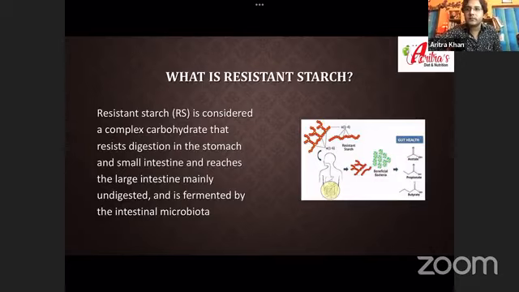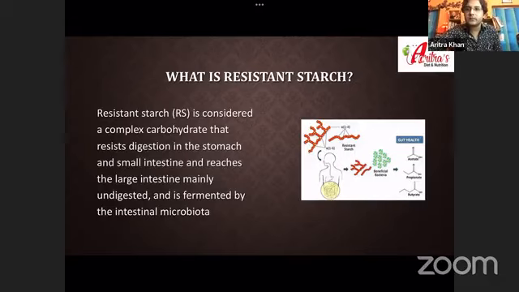If we review our alimentary canal system, any food we take goes from the mouth to the esophagus, to the stomach, to the small intestine, and then it is absorbed through GLUT1 and GLUT2 receptors and villi, and the remainder goes to the large intestine.